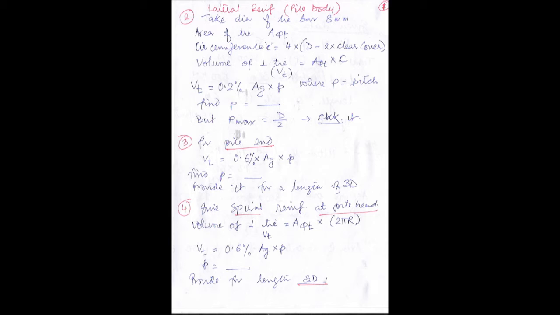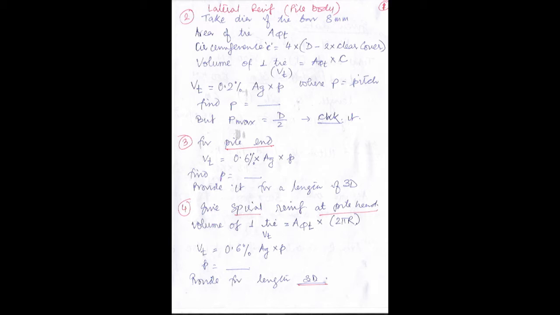That is phi t, the notation for the area of the tie bar. Now what will be the circumference? The circumference will be 4 multiplied by (d minus 2 into clear cover), and the volume of one tie bar will be the area of the tie bar multiplied by the circumference.